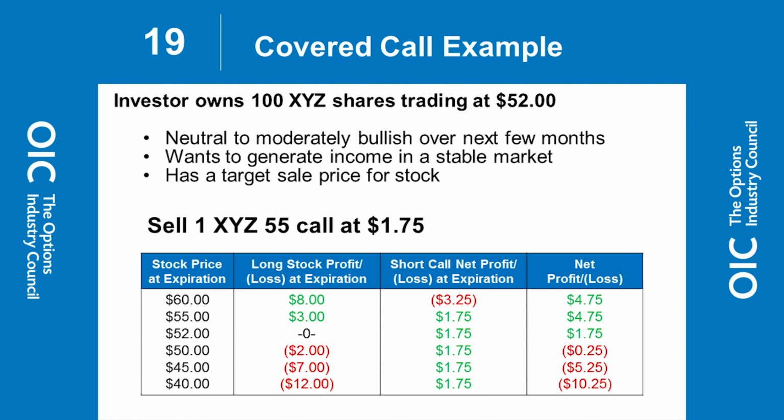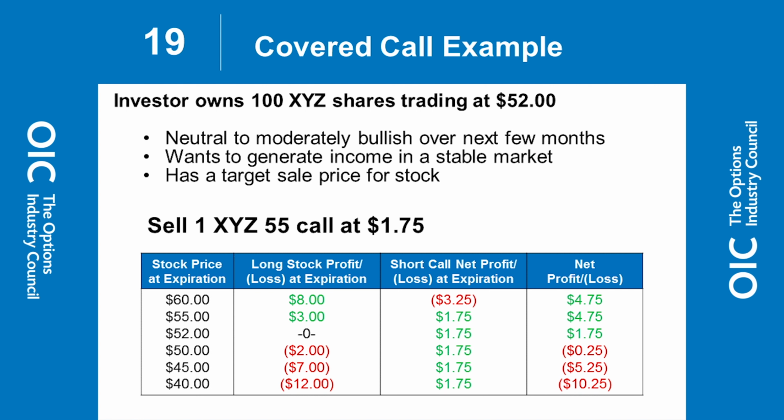Conversely, to the downside, let's say the stock goes down to 40. Well, our option is going to expire worthless, in the sense that nobody is going to want us to sell shares at 55 when it's trading at $40 in the market. So we're going to lose money on our stock position. We bought it at 52. Stock's now trading at 40, let's say. We lost $12 on the stock.